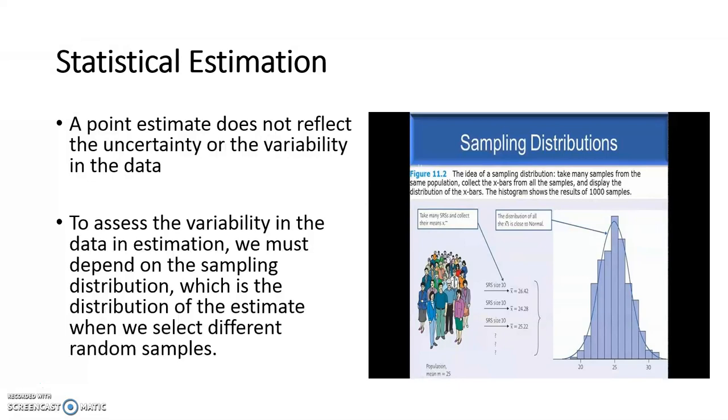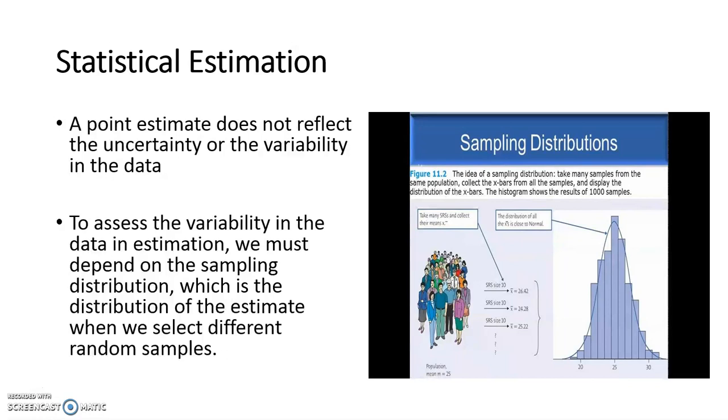Now we must say a point estimate does not reflect the uncertainty or the variability in the data. What we mean by that is we cannot know the true value of the parameter because we don't have access to the entire population. So we rely on a representative sample to create a point estimate. But if we select another sample, we will generate another estimate.